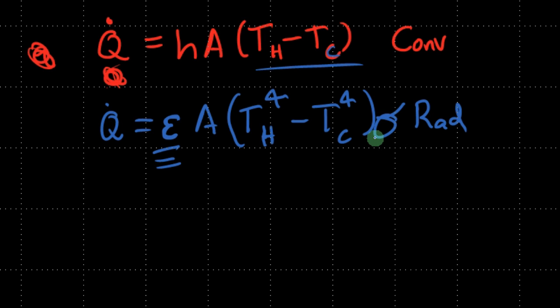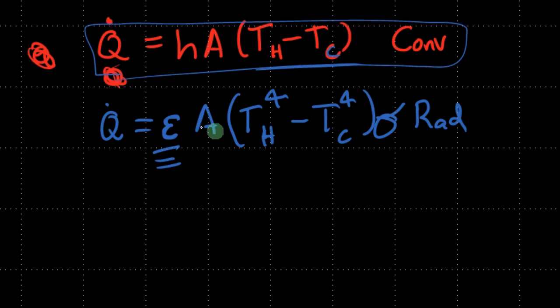A hot object loses heat both through convection, and if it's just sitting out in the open without any fan blowing or water flowing, it's natural convection, and it's also losing heat through radiation. So if the temperature of the room and the object have a small difference, the convection coefficient will sort of dominate the result. However, because this is to the 4th power, as you increase, I'll just give you an example. Say radiation is the blue one, radiation heat loss, and this is a general sort of understanding, and this is the change in temperature between the outside Tc and Th.